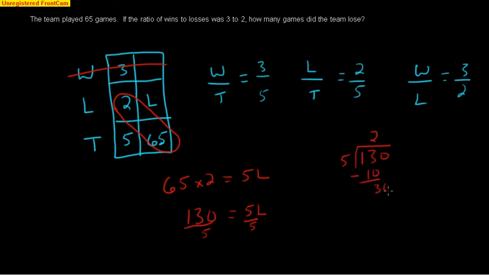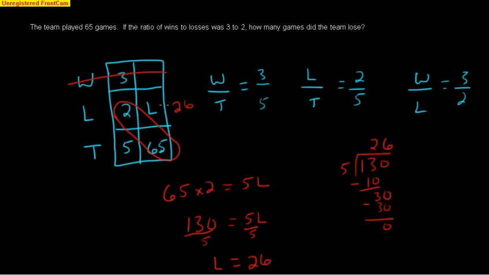Getting ahead of myself with that 6. They lost 26 games. So with that information, we could also find out how many games they won. Just take 65 minus 26. Ratio boxes, adding the total column, will help us solve our ratio problems for today.